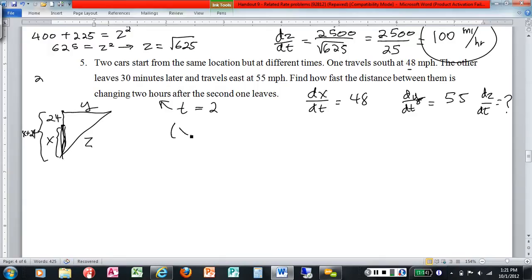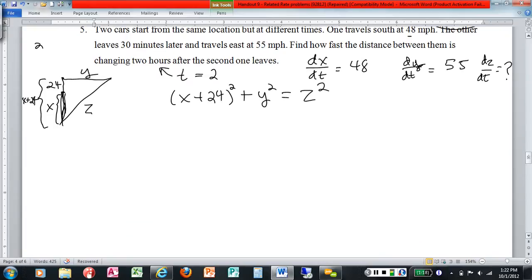So that's got to be my a. (x plus 24) squared plus y squared equals z squared. With me okay on that? All right, this is good. So that's the change here with that head start. Got x plus 24 there.